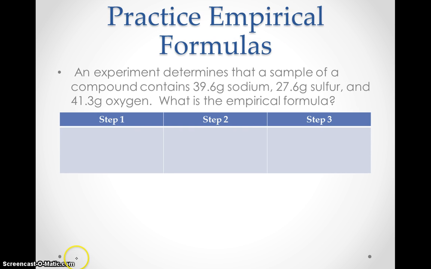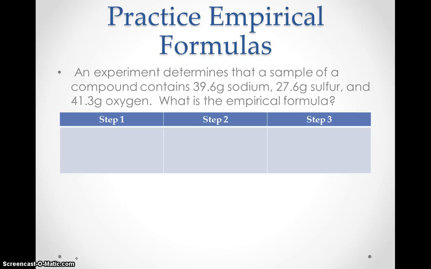Let's talk about the guys who are a little bit more difficult. This is where we actually do some sort of lab and get data that we have to use to calculate the empirical formula for a compound. So what would be an example of this? As a chemist, I can go out and I can start digging in the Earth's crust. And I can get some sort of chunk that I may or may not know the composition for.